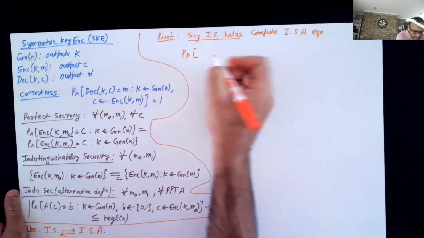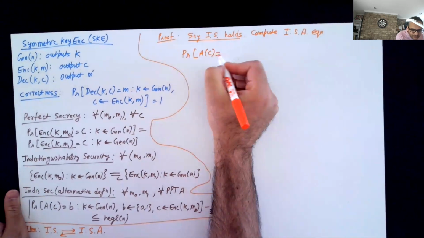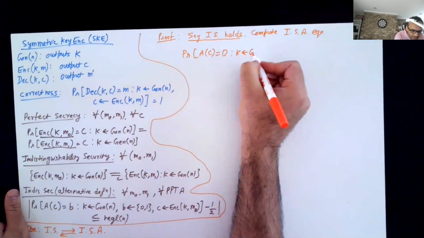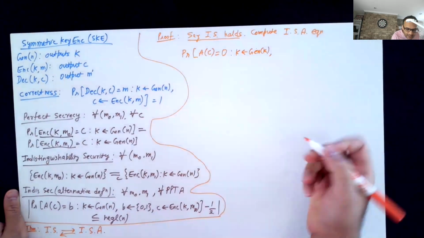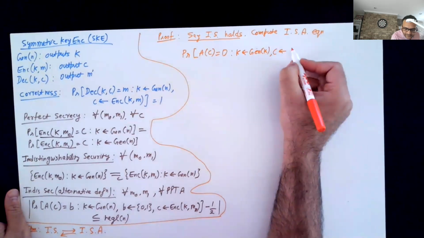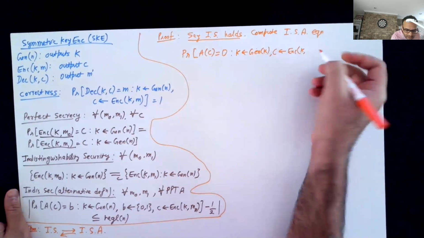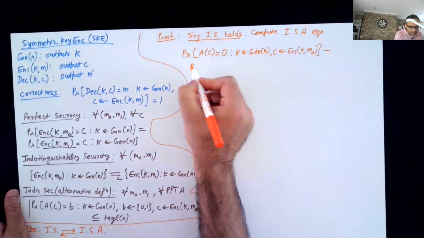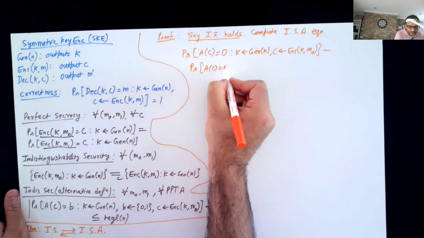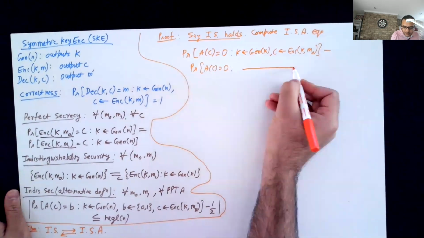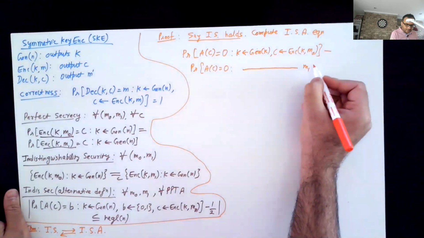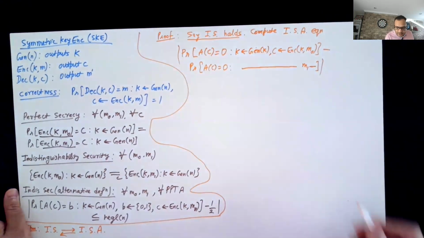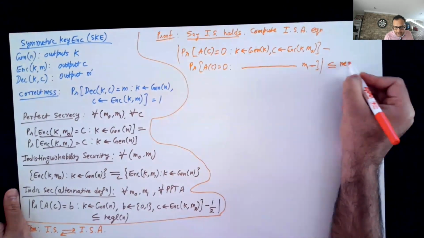This means the following: the probability that A gets access to C and outputs 0, such that K is chosen from the key space and C comes from the encryption of K of M0, minus the probability that A of C equals 0, same thing, except now we are encrypting M1, is negligible, right?